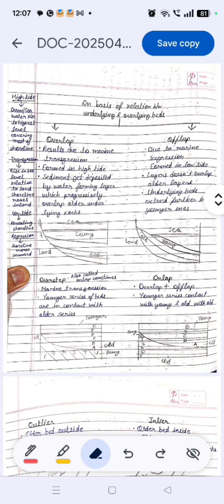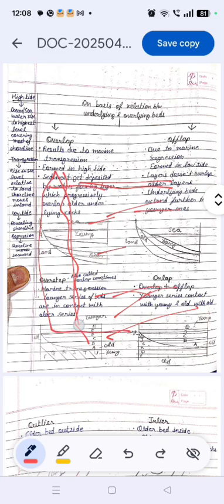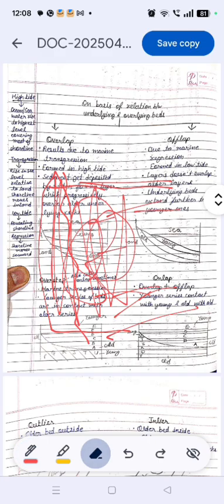Firstly, what are marine transgression and regression? Transgression is when the sea level has a high tide. High tide means, suppose this is the shoreline, this is the ocean. When it fully covers this shore, it reaches till here. This is called a high tide, and this stage is called a marine transgression.